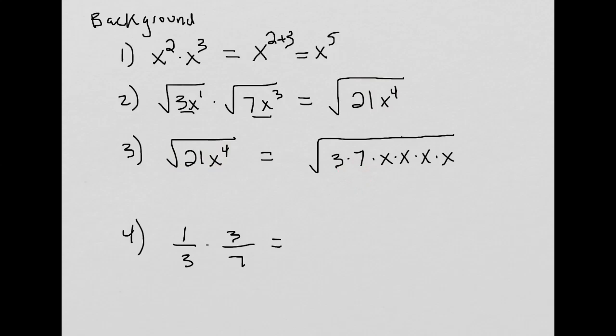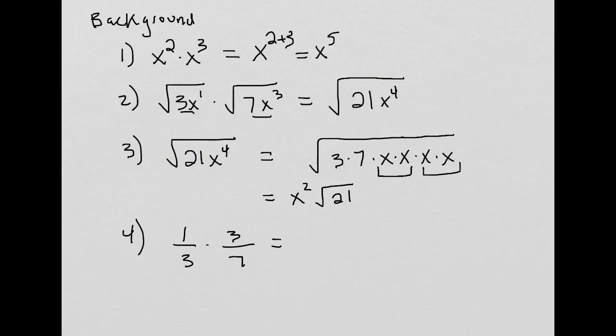But when I look at my x's, notice I've got a group of 2 and another group of 2 x's. So I can pull out two factors of x. On the outside of my radical, I'm going to have x squared. On the inside, I still have that 3 times 7, which is 21.